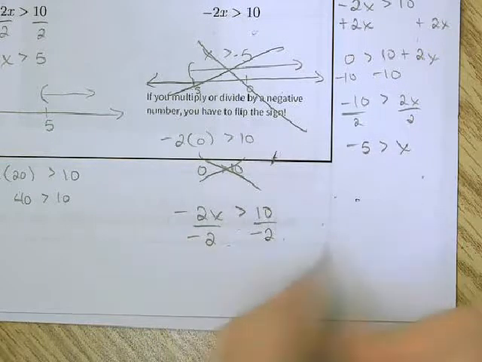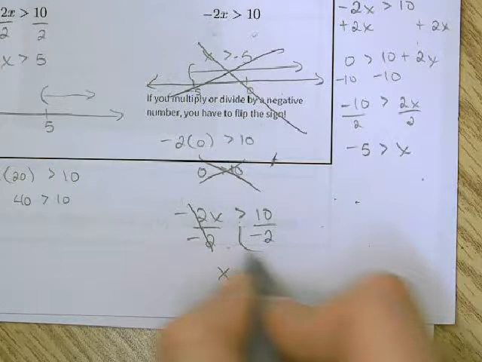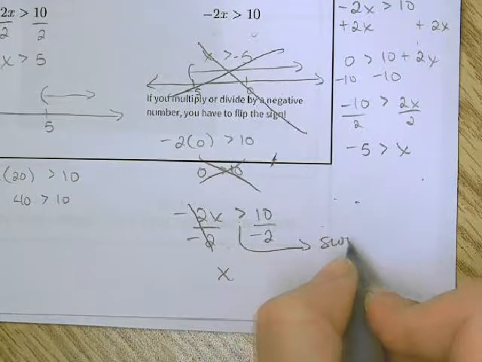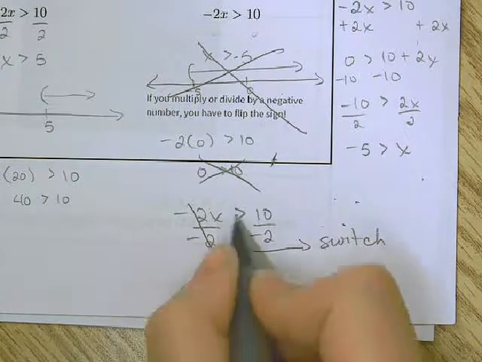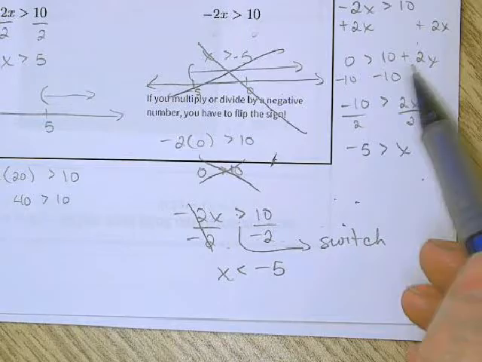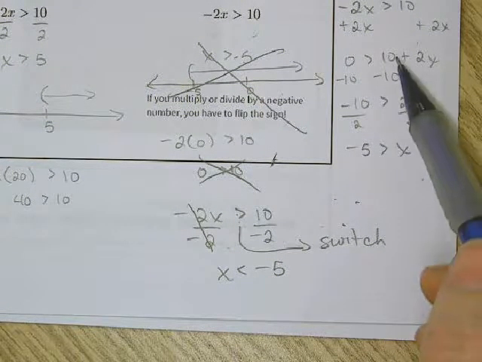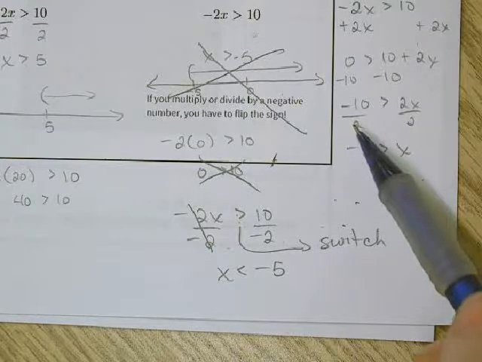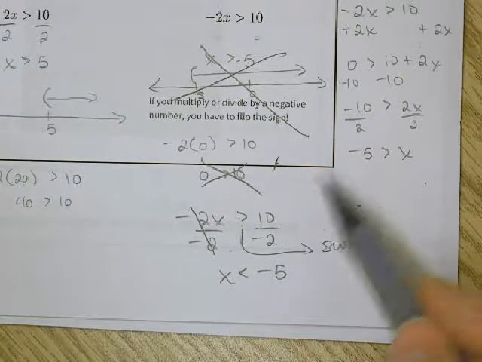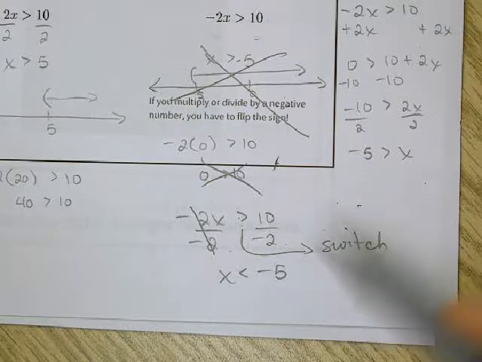I have to switch my sign here, it becomes less than, and then negative 5. So you could take these steps that I went through over here of getting the variables positive, or you can just remember that you have to switch the sign if you divide by a negative number. So this one is x is less than negative 5.